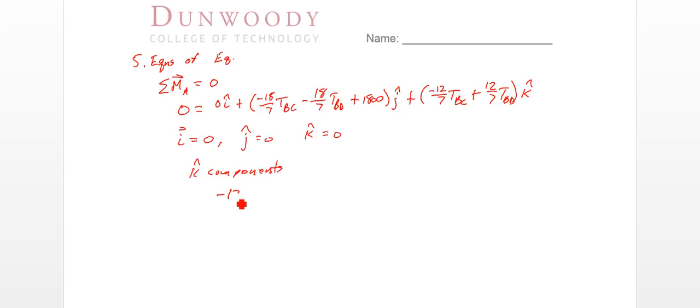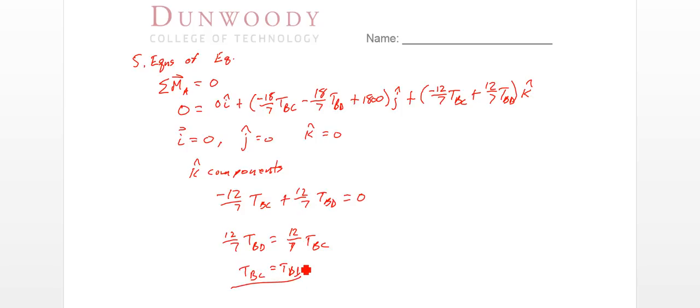So we have -12/7 tension BC plus 12/7 tension BD equals 0. So 12/7 tension BD equals 12/7 tension BC, so tension BC equals tension BD. We can use that in our other equations.